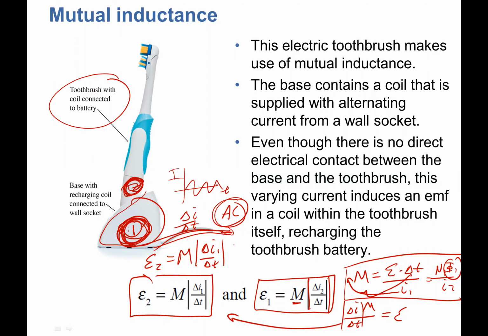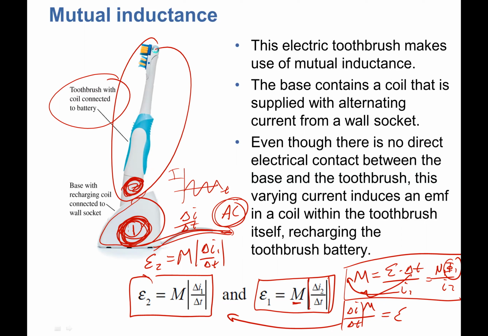It charges because the AC circuit, which is the power outlet you're connecting it to, constantly changes the current, which constantly induces current in the toothbrush. That's why the toothbrush doesn't have to be electrically connected to the base. It basically charges magnetically.